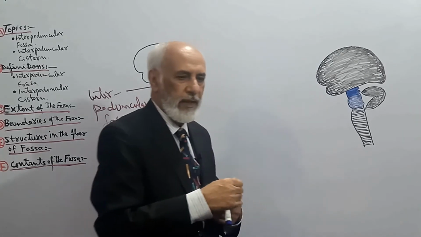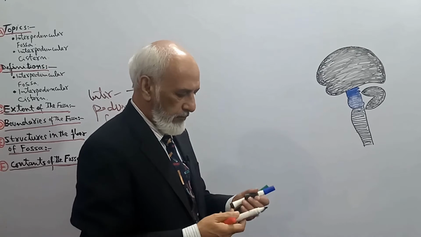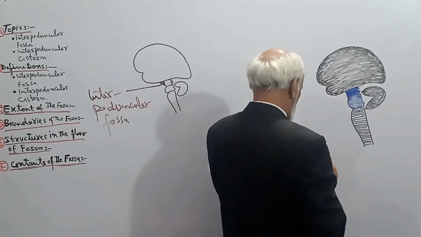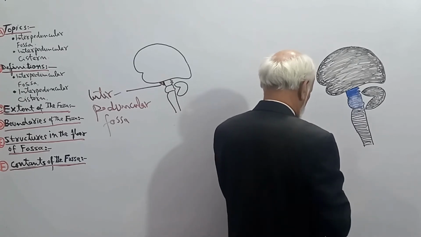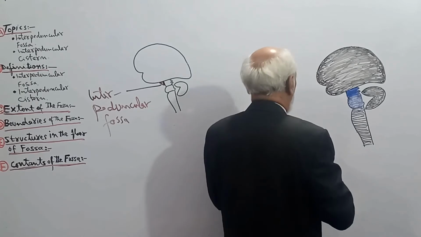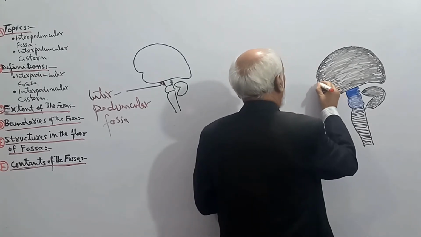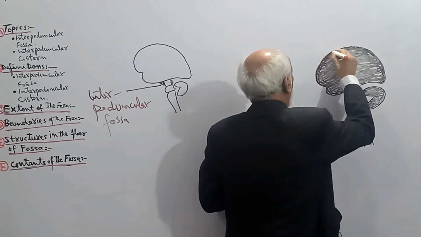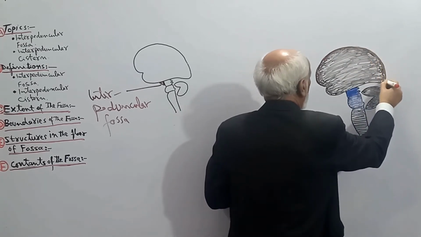Now I told you that there are three parts of the meninges. The inner one is known as the pia mater. This is pia mater, which is closely applied to the surfaces of brain and spinal cord.